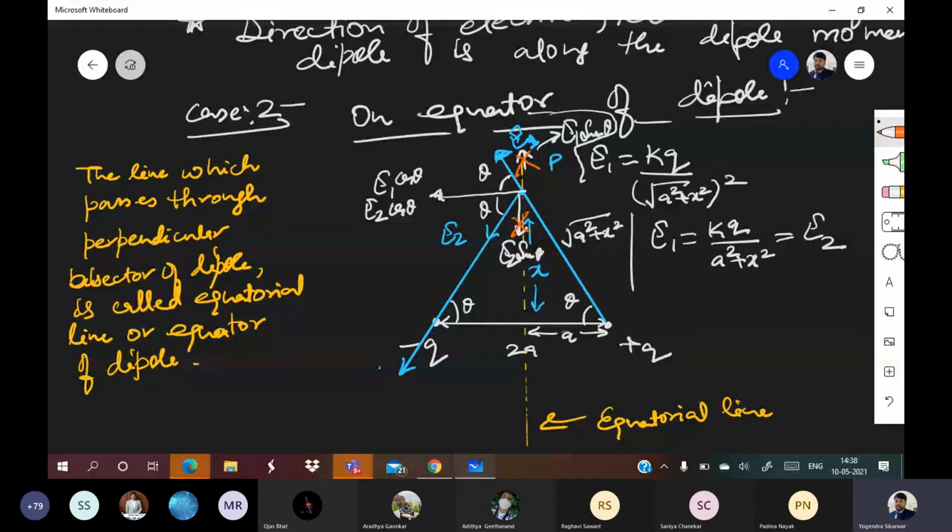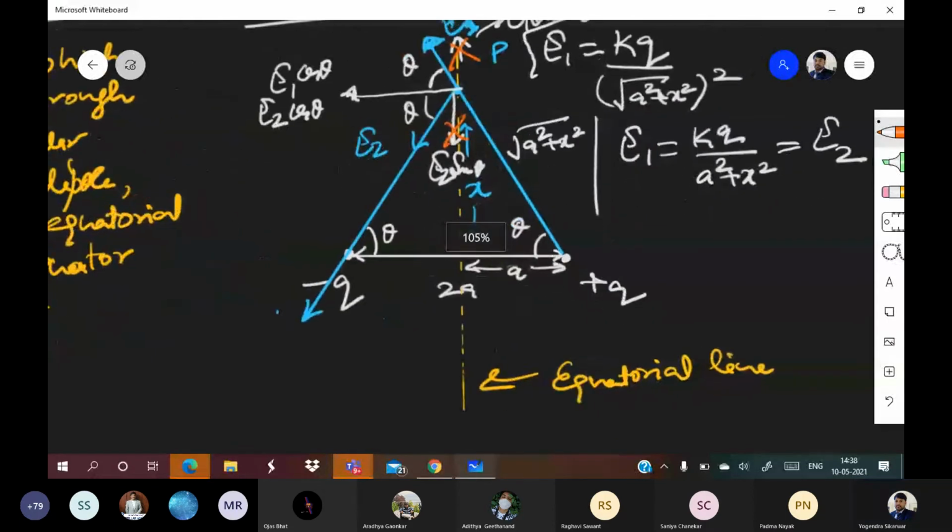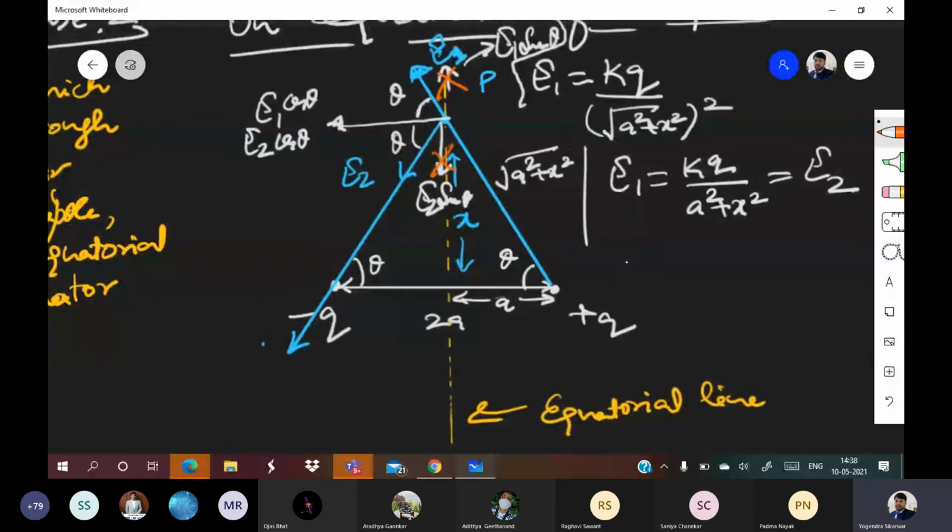So E net will be E1 cos theta plus E2 cos theta. Now E1 and E2 are equal, so I am writing it as 2E1 cos theta. So 2 into KQ by A square plus X square.